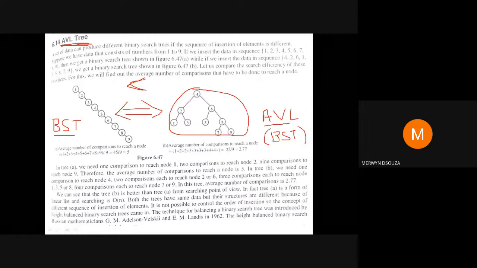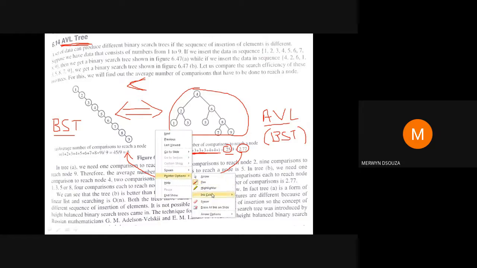So searching for a value here takes much less effort. If you find the average number of comparisons needed to reach a node here, the total is 25. Divide by the total number of nodes, 9, and the average number of comparisons is 2.77, which is much less than 5.